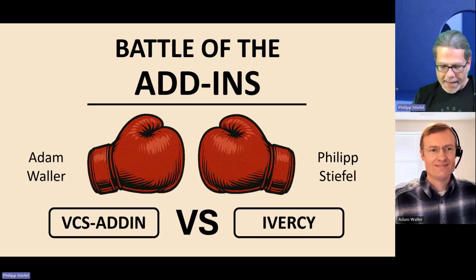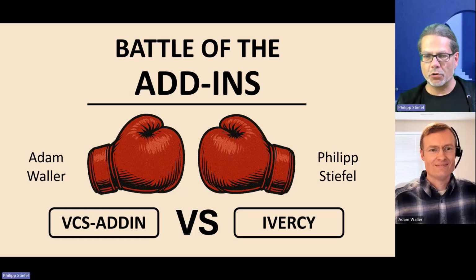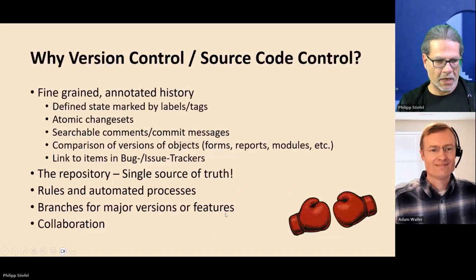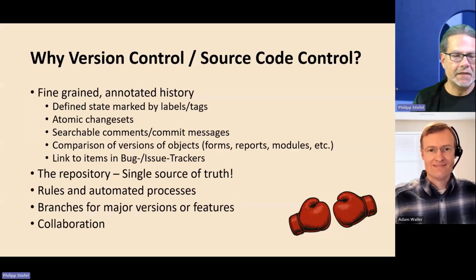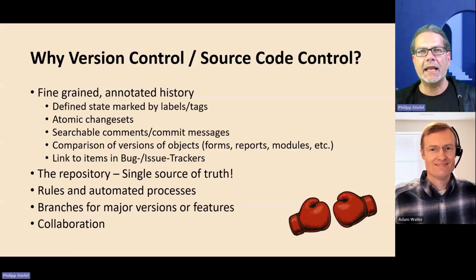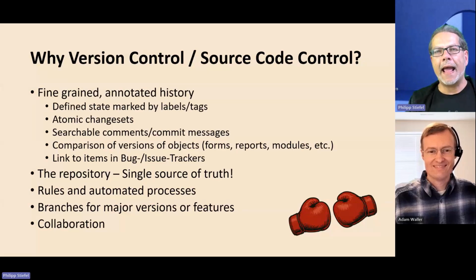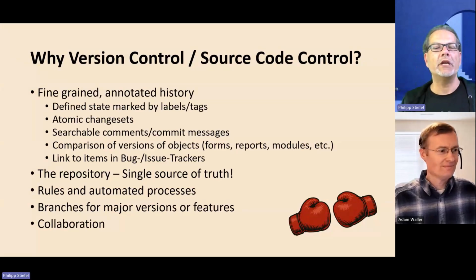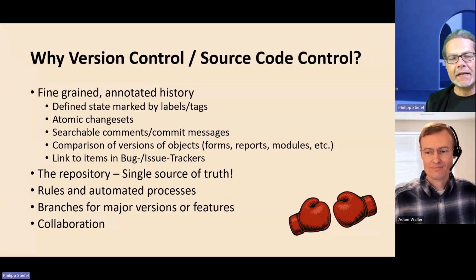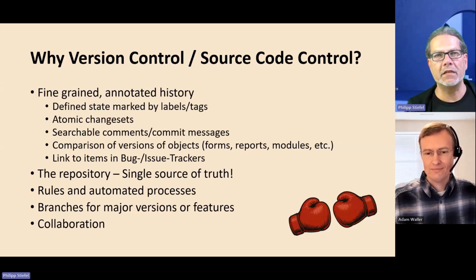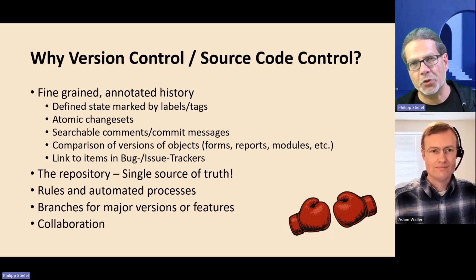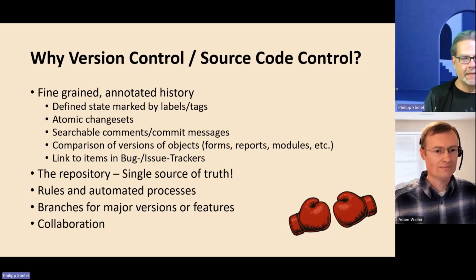So, why would we use version control at all? We get a fine-grained annotated history that contains defined states marked by labels and tags. And these include atomic change sets. And you will get searchable comments or commit messages in that history, provided you enter them, of course.